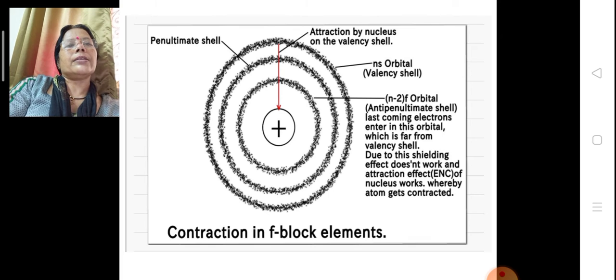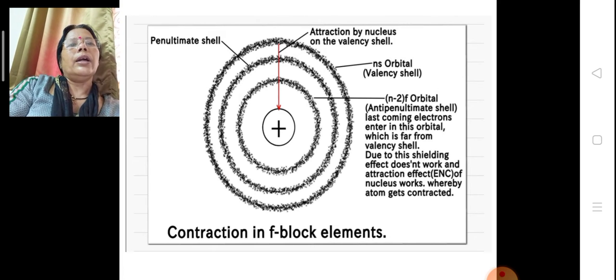As the atomic number increases, the electron enters the antipenultimate shell, and that is what causes the shielding or contraction. The last coming electron enters an orbital which is far from the valence shell.